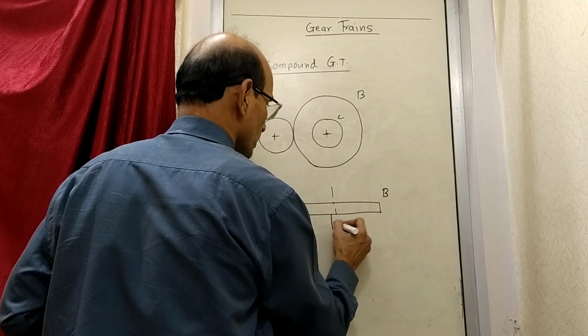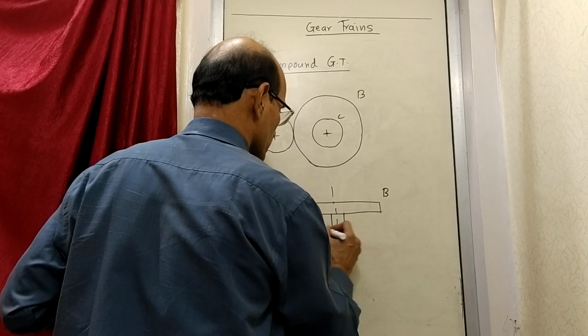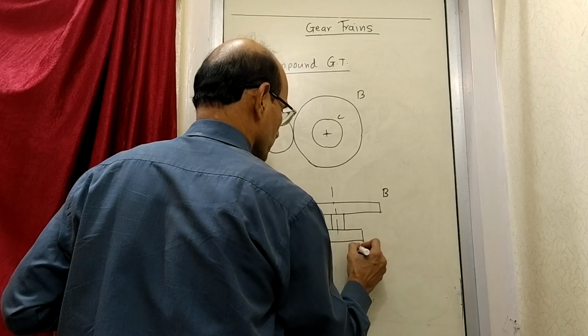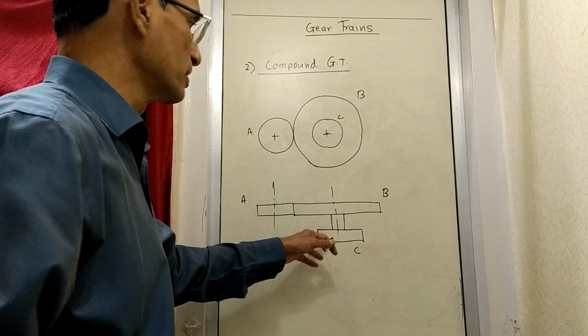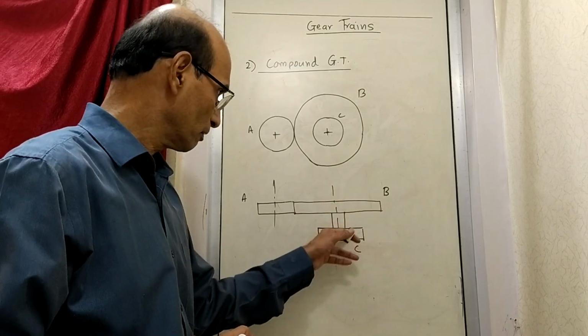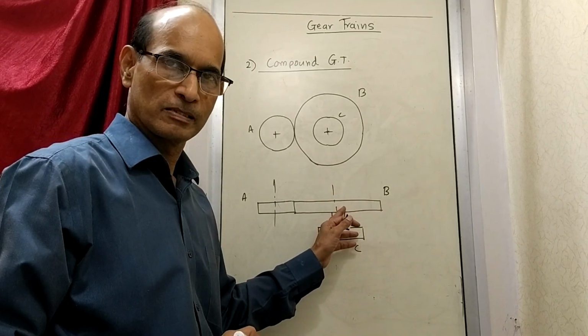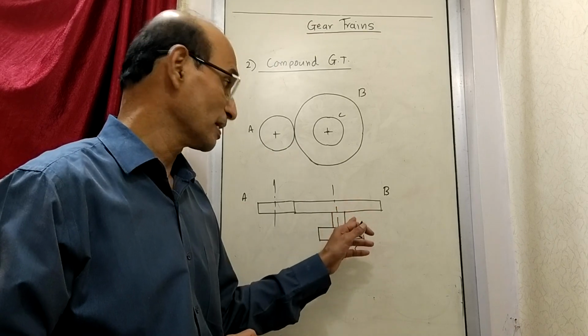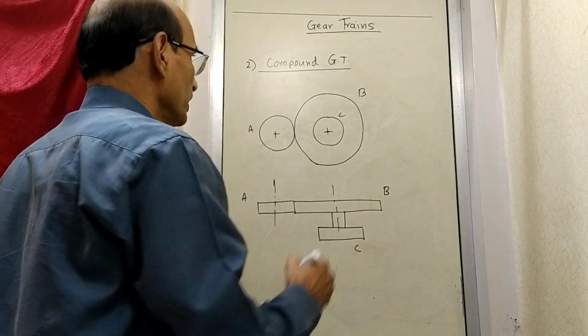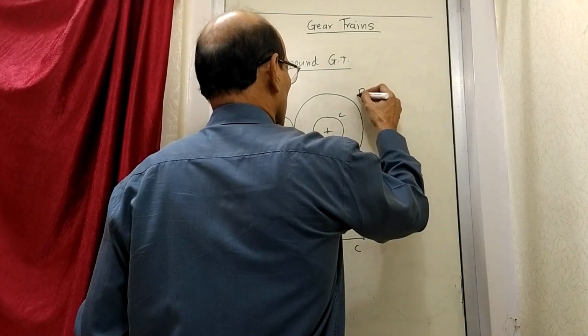And how is this located? I will draw it here. This is gear C. So gear B and gear C, they are integral, they are compound, they are connected, they are like one piece. So when B rotates, with the same speed C will rotate. That is a compound gear. And then to this C, there is another gear connected.